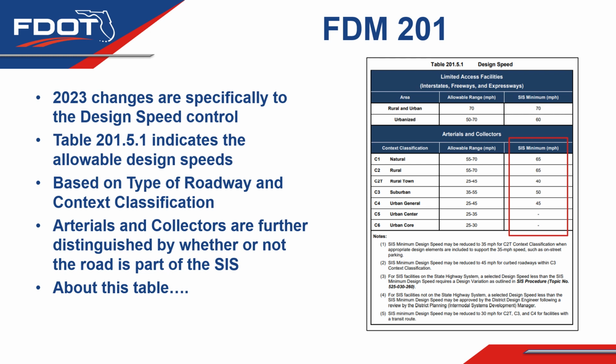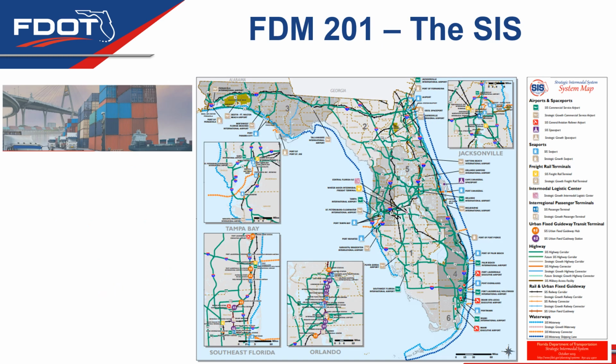And you'll also see part of the compromise was the inclusion of these SIS minimum speeds, because our roads have many parts that they have to play, and that's what I want to talk about a little bit next. So one of the parts that a lot of our roadways play is to be a part of the strategic intermodal system. If you look at this map of Florida on the slide, you can see these thick green arteries that run all through the state. Those are roads that are serving a purpose as part of the strategic intermodal system in addition to any other purpose that they may serve.